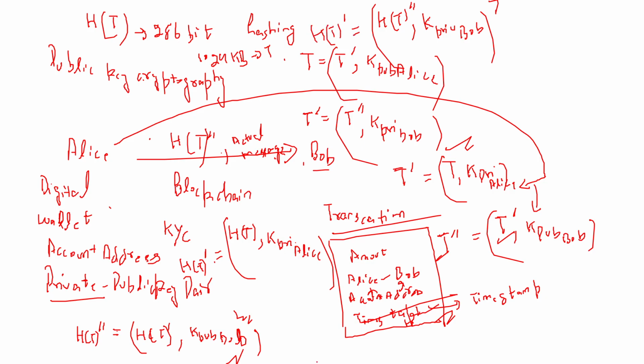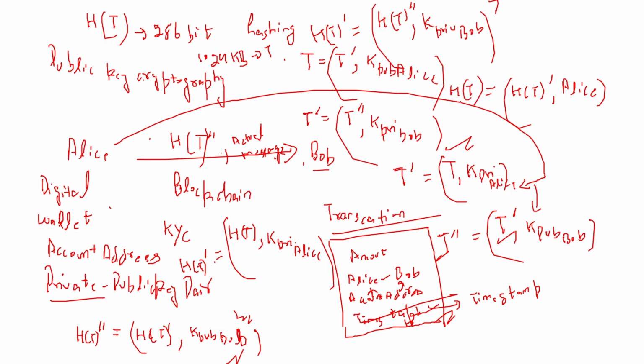Because this is encrypted by the public key of Bob, so it can be decrypted only by the private key of Bob. Then Bob uses the public key of Alice to get the hash value of the transaction.